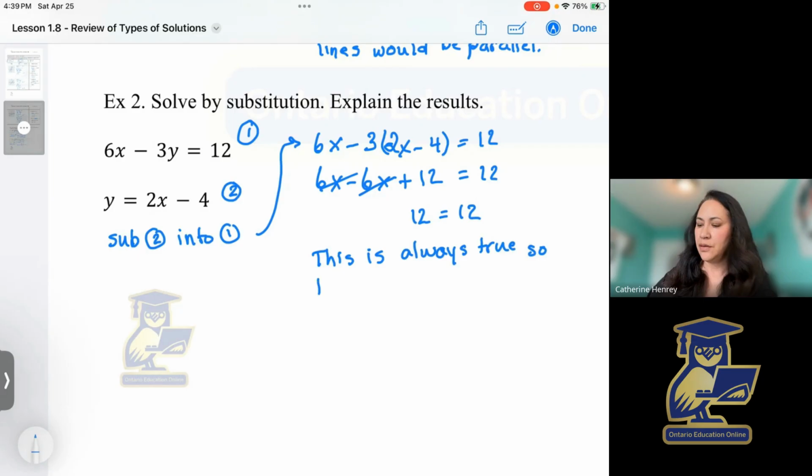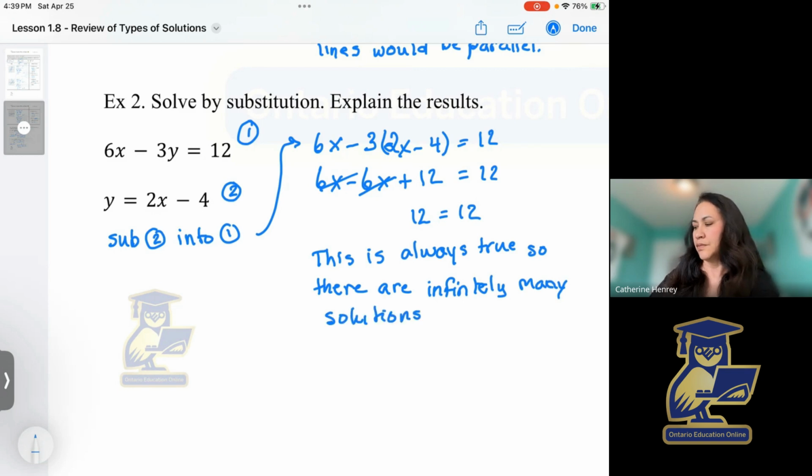So here, there are infinitely many solutions. And these lines are actually the same.